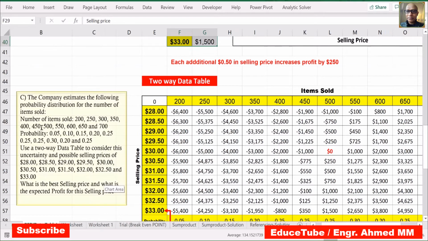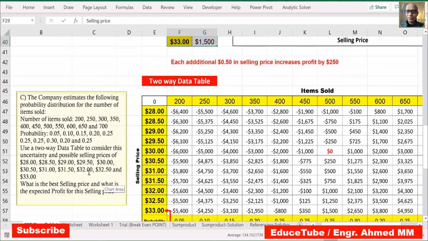But there is an additional thing here: probability. So we have probabilities here: 0.05, 0.1, 0.15.